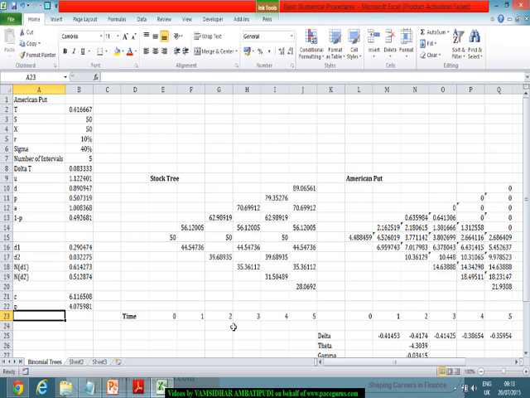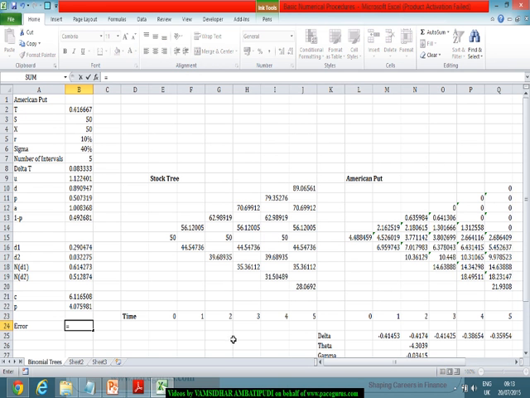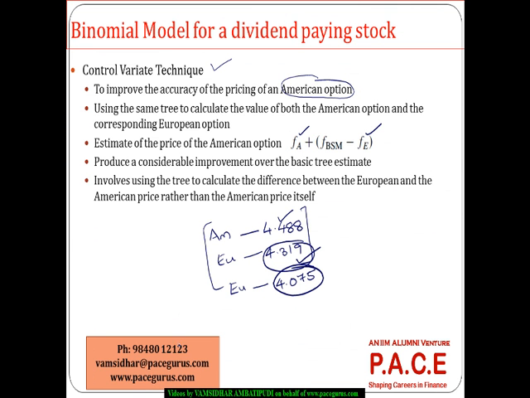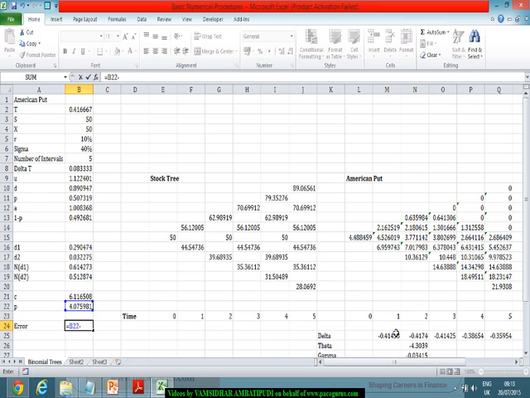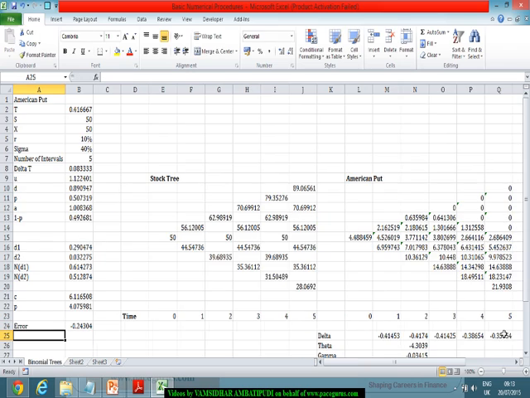Now the error between the Black-Scholes and the binomial we are getting as this much, which works out as 4.07, which came as the Black-Scholes, minus whatever came from the binomial tree model for the value of the put.